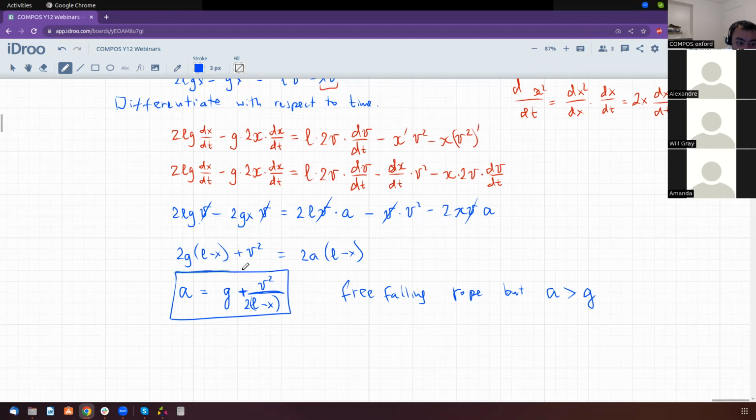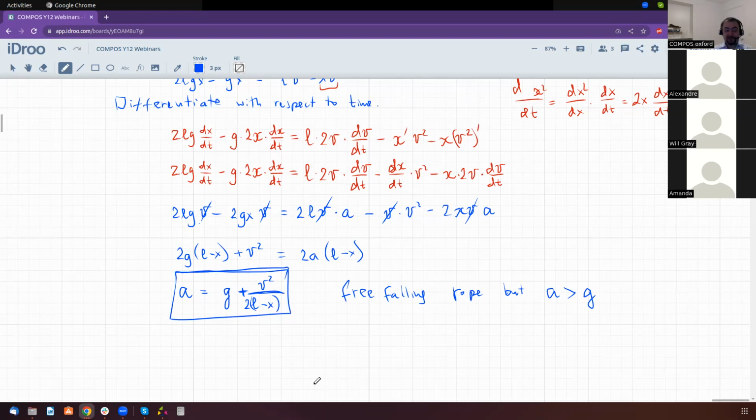And it is true for a bungee jumper. If you look at a video of a bungee jumping and you make measurements, you will see that they are accelerating faster than g, which I find absolutely fascinating.